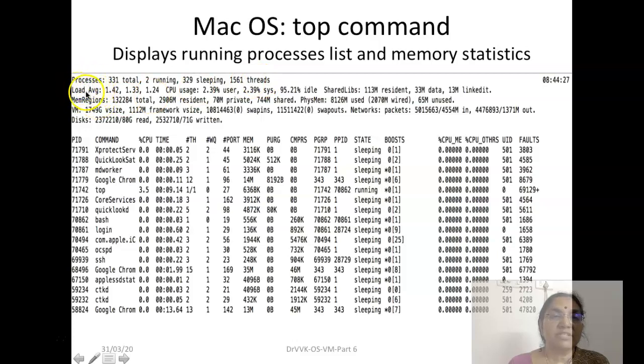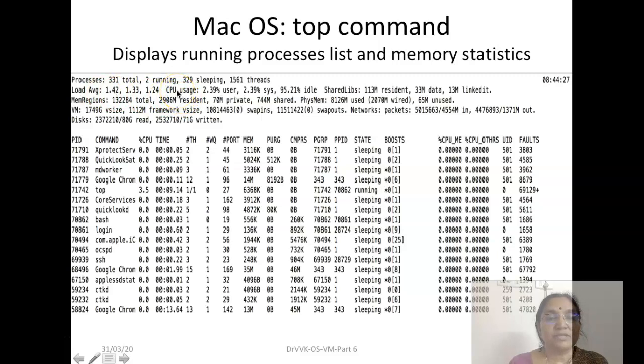Then load average. This means how many jobs are waiting for the attention of the CPU in the last 1 minute, in the last 5 minutes, and in the last 15 minutes. These are the average load times.